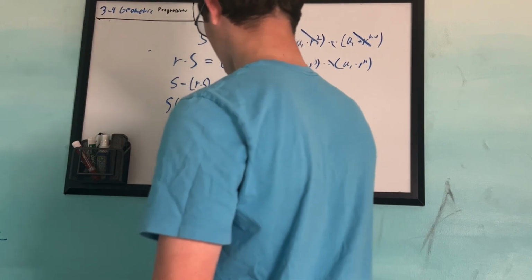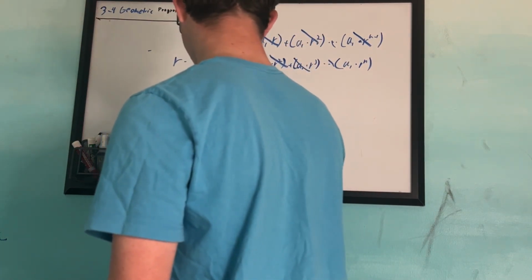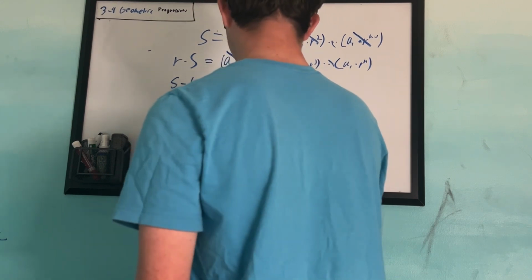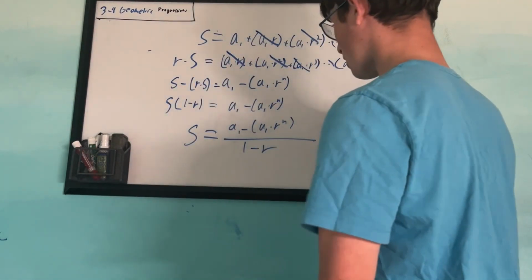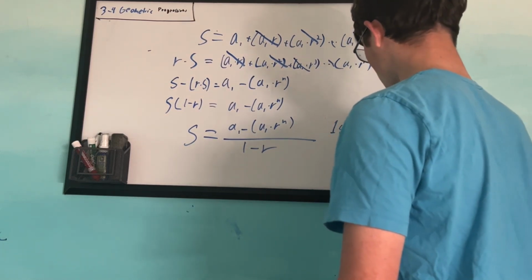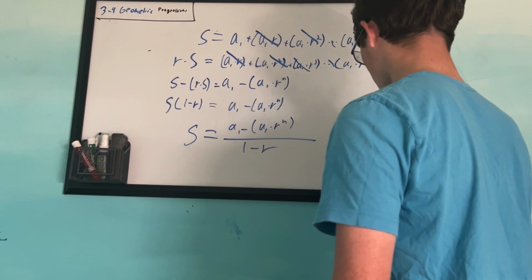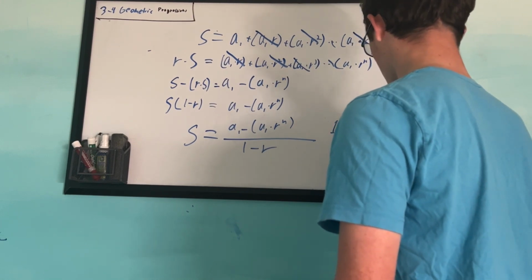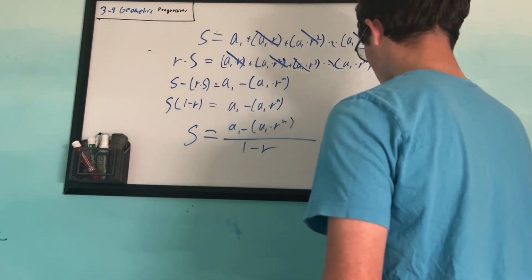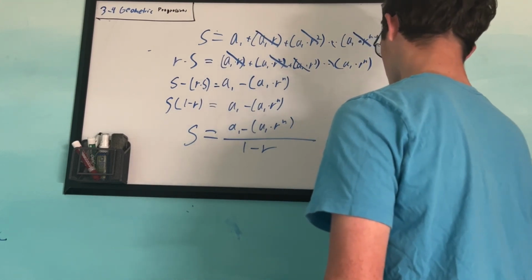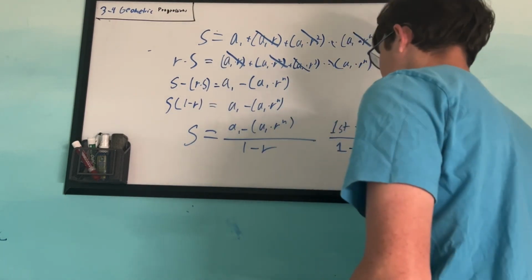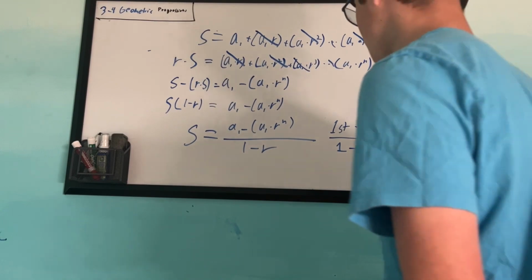And then we can finally write this as S equals A1 minus A1 times R to the n, all over 1 minus R. Or, easier to remember: first minus last plus 1 term, or I guess better, 1 after last, all over 1 minus R, which I think is easy to remember.